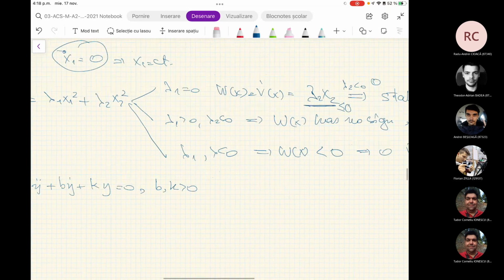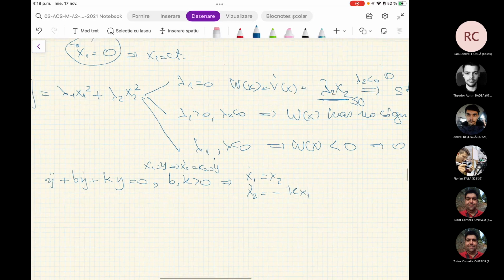And we have x1 dot is x2, because we make the notation x1 is y, then x1 dot is x2 is y dot, and x2 dot is minus k x1 minus b x2. I'm taking mass 1 because I don't care about the mass.